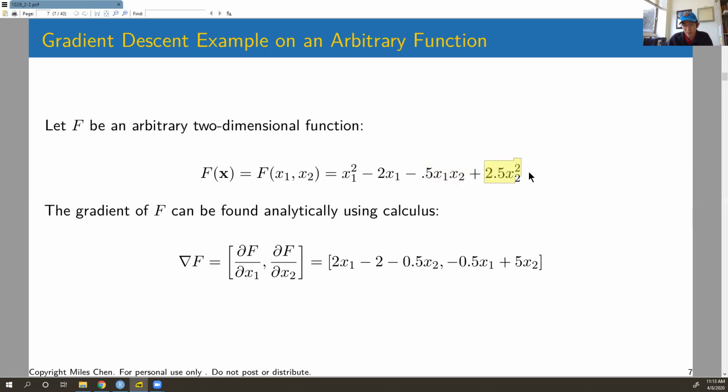And this last term is 2.5 x2 squared, and the derivative with respect to x2 is going to be 5x2. Okay, so this is my gradient. My gradient is going to be the coordinate produced by this partial derivative and this partial derivative. So we've got two partial derivatives, and the gradient is going to be the vector that represents these two partial derivatives.